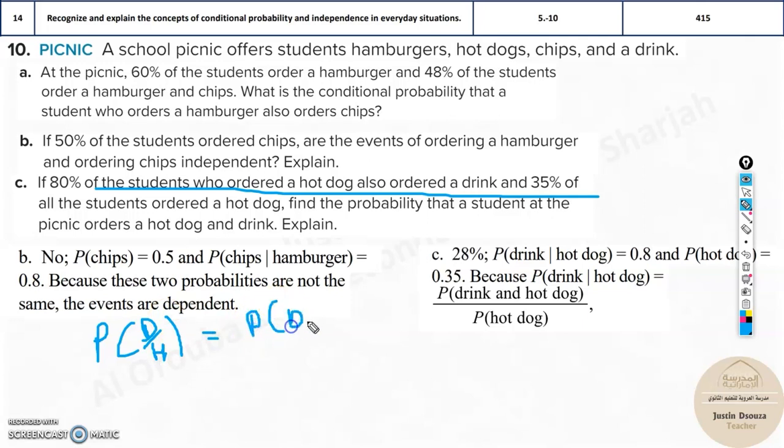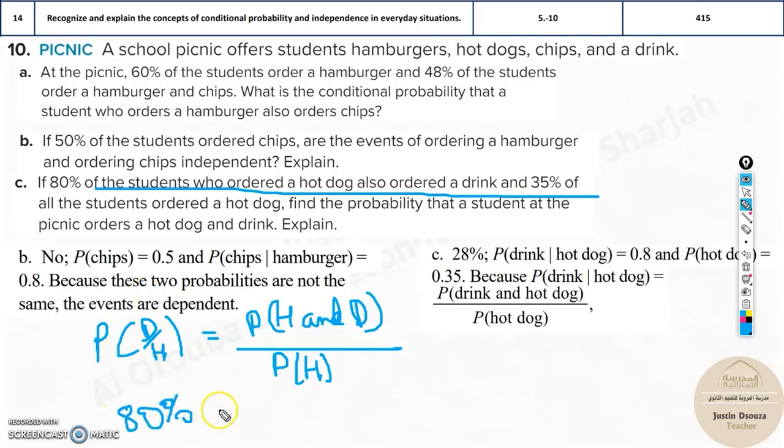Probability of hot dog and drink, oh sorry, H and D, divided by the probability of hot dog only. See, they have told 80%. So they have told this answer is 80%. 80% of the students, what did they do? They ordered hot dog and drink.